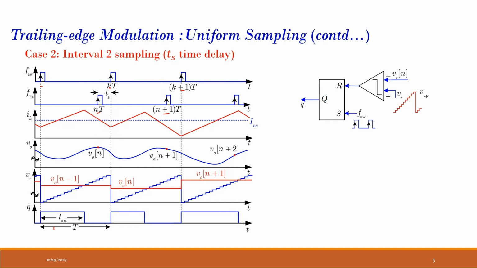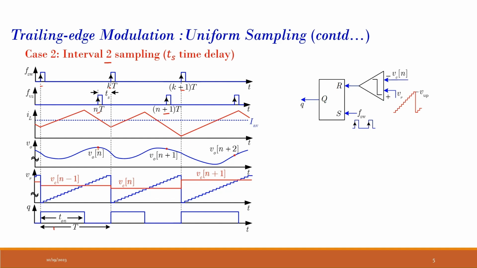That means the main switch is off, and the current is freewheeling either through the diode or through the synchronous MOSFET. That time I am taking the sample of the output voltage. That is known as interval 2 sampling. Interval 2 sampling is when we sample while the main switch is off, and interval 1 sampling is when we sample while the main switch is on. So in this case, we have to do interval 2 sampling.